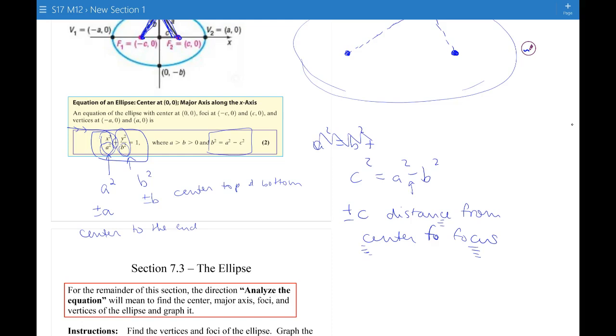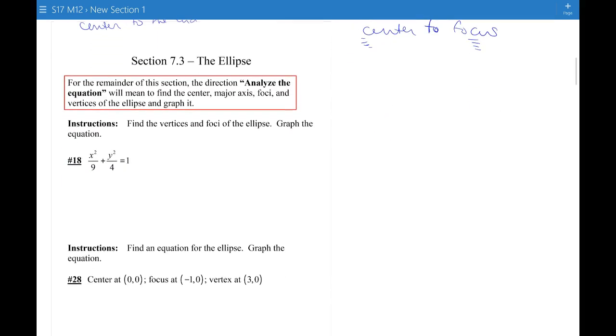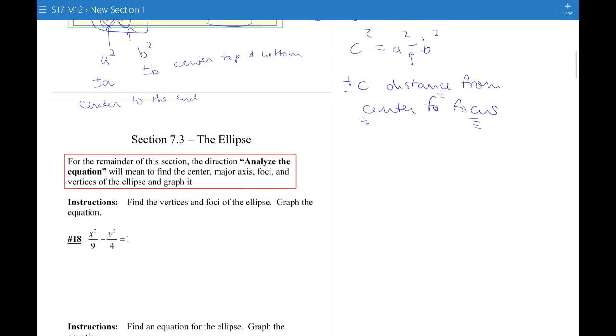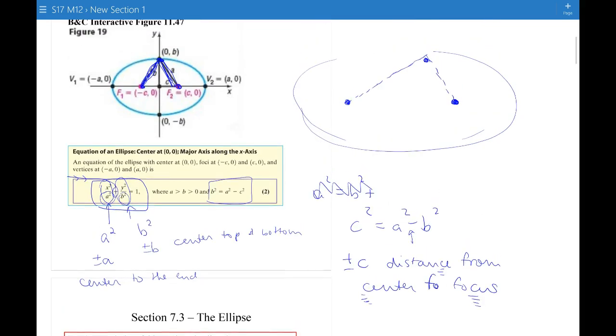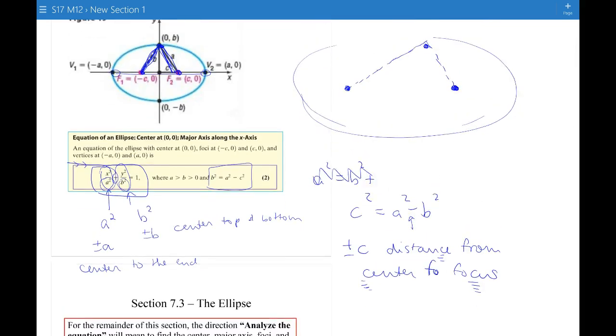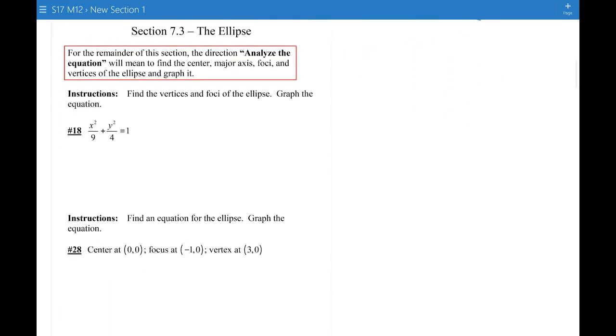It's a squared number. Okay, so for the rest of the section, the directions will just say analyze the equation, and we'll know that it means find the center, find the major axis, so the longer axis from one end to the other, that's called the major axis. The foci, so the plural of focus, is foci or foci.